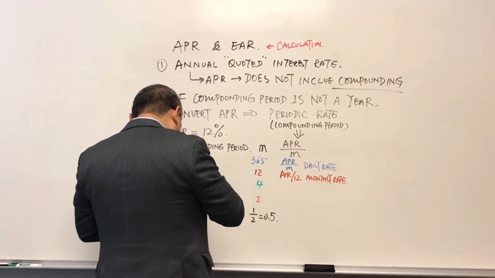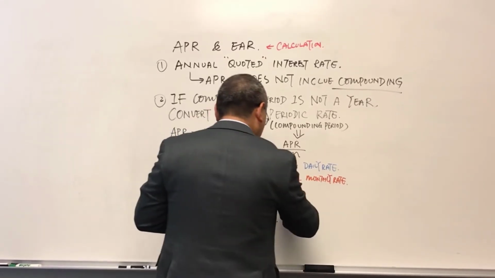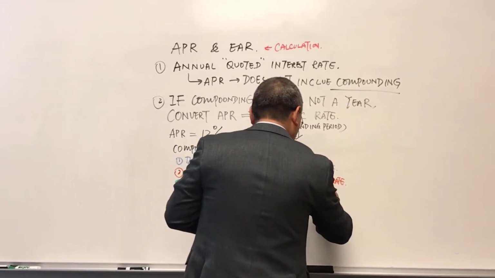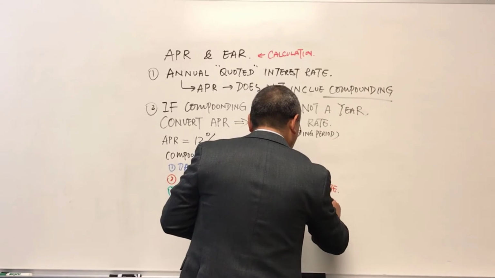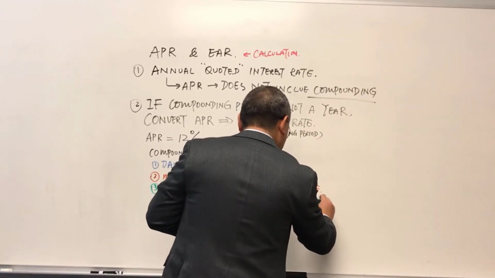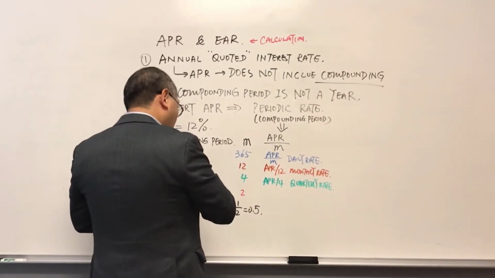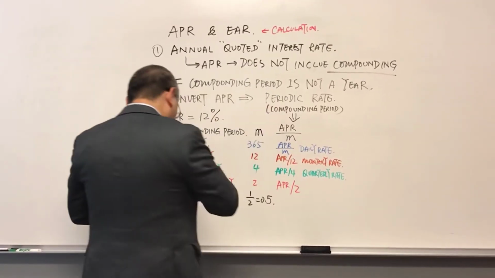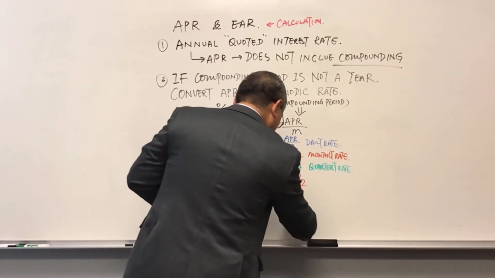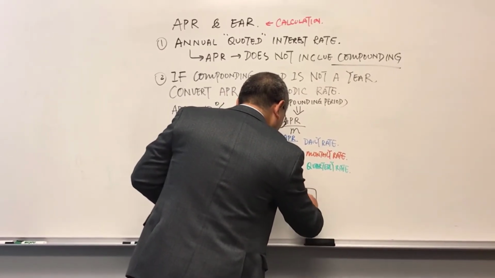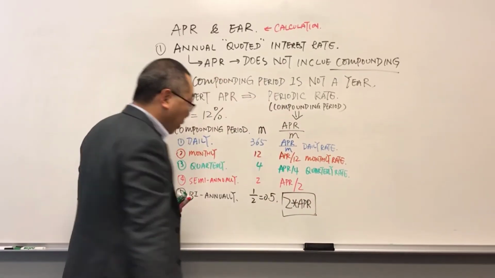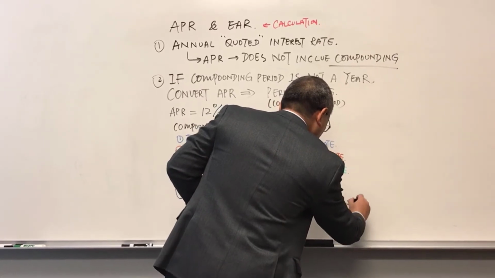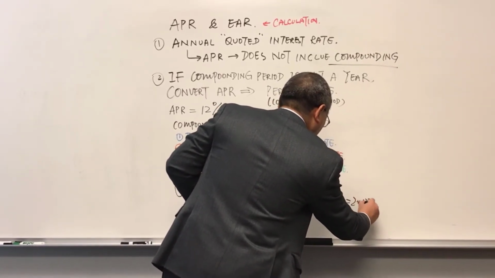Well, for your quarterly compounding, APR divided by 4, quarterly rate. For biannual, in this case, 2 times APR, because APR divided by 1/2 is 2 times APR.